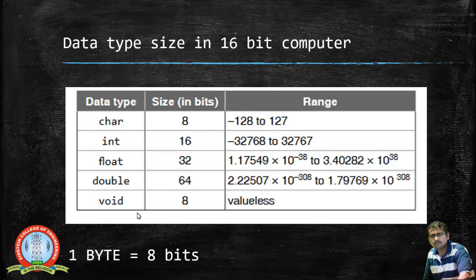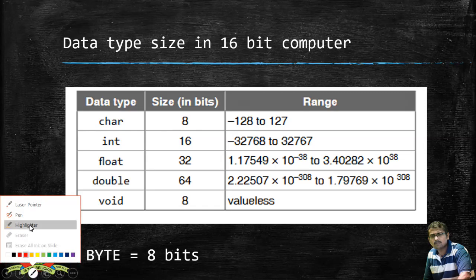Suppose your computer is a 16-bit computer, it means that the size of the character is 8 bits. 8 bits means 1 byte, since 1 byte is 8 bits. So this was the normal size we have already seen inside the classes also.